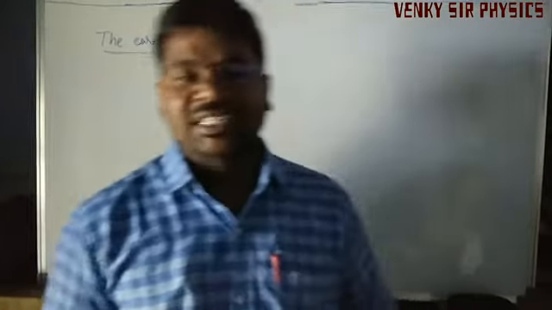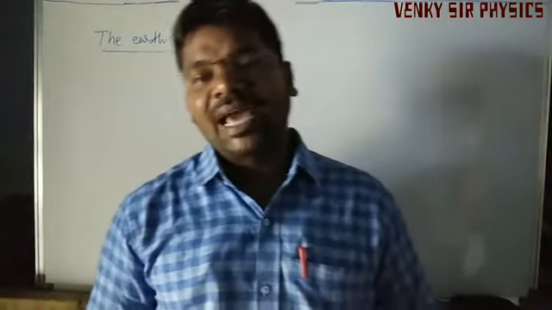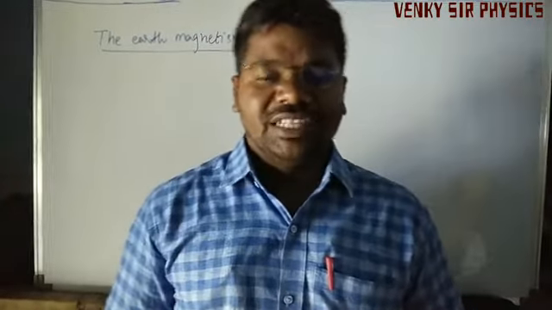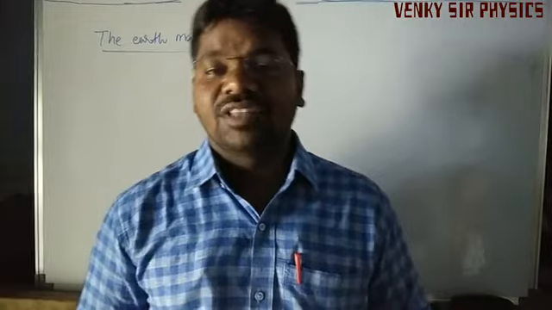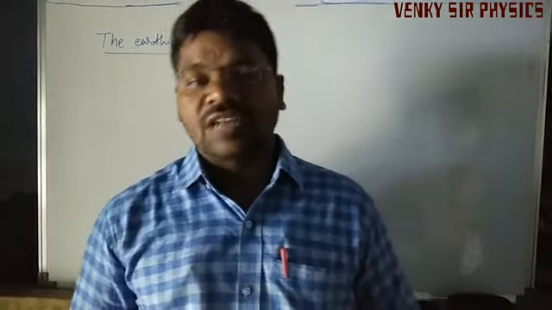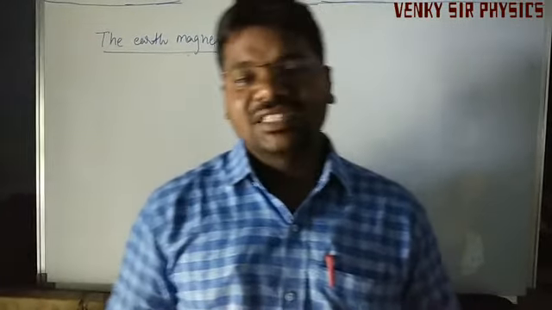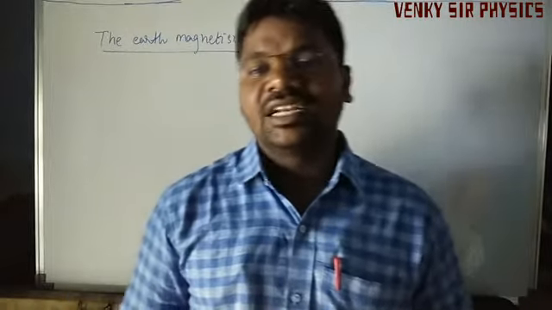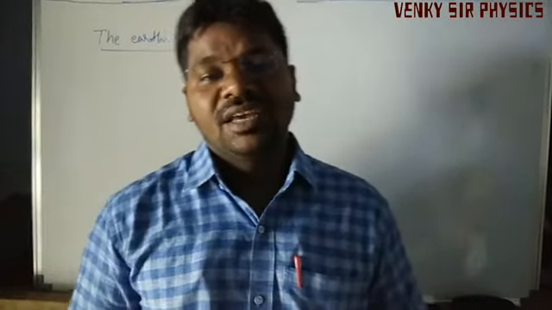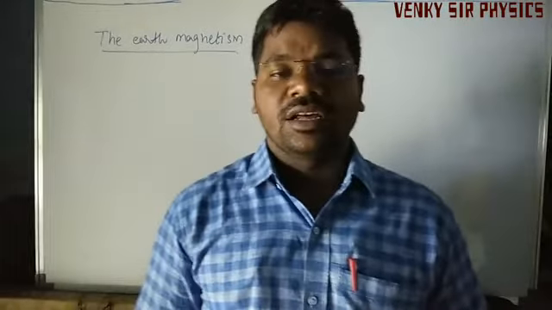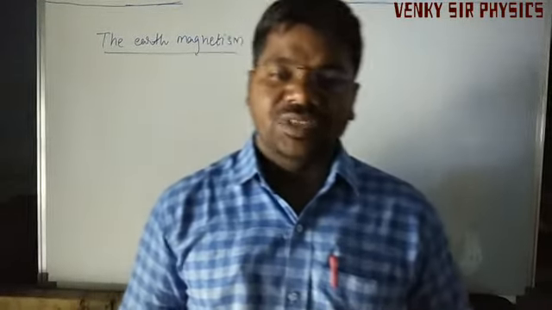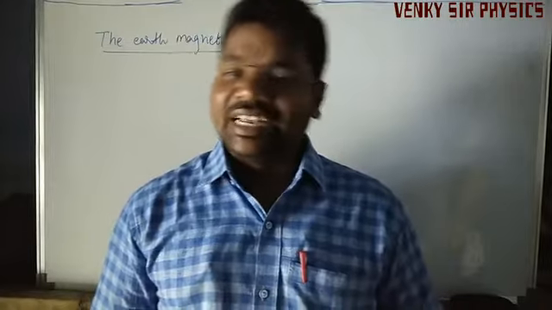The Earth behaves as if a powerful magnet is placed within it. The magnetic field of the Earth is now thought to arise due to electrical current produced by convective motion of metallic fluid in the outer core of the Earth. This is known as the dynamo effect.